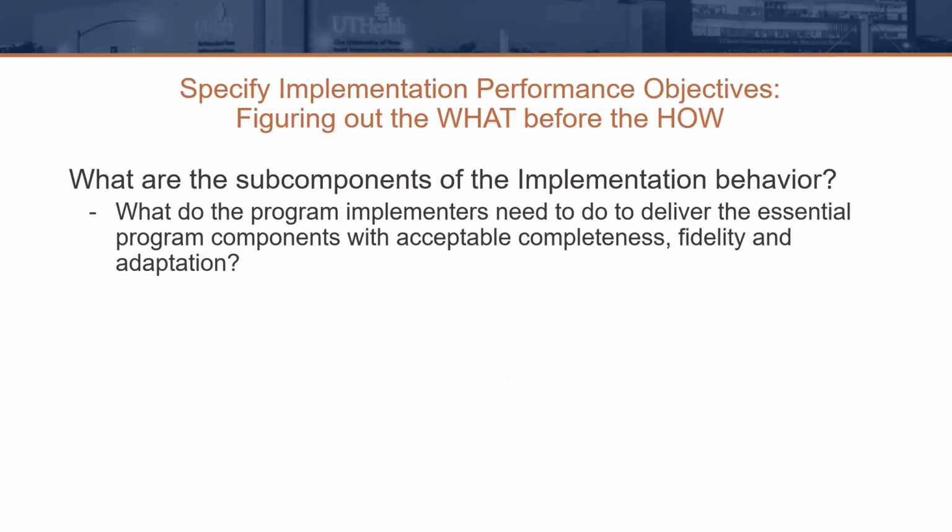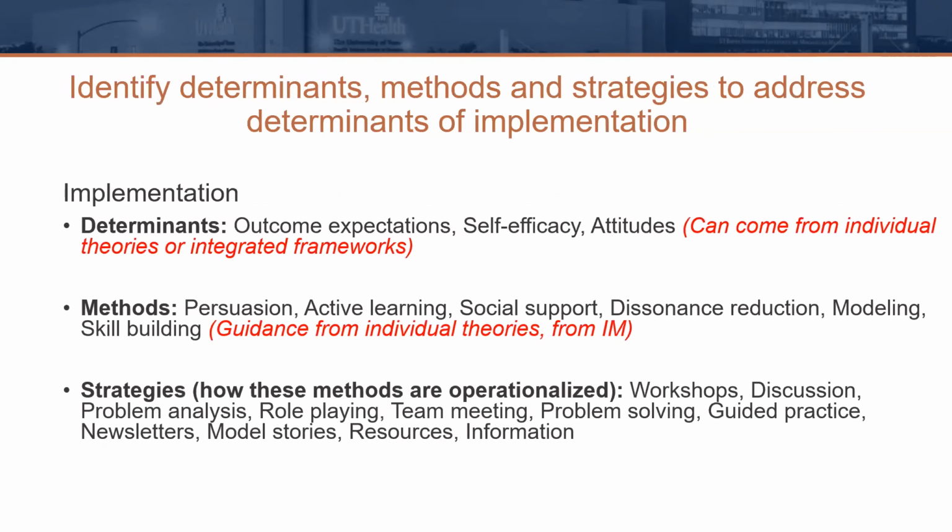In the field of implementation science, there's been a lot of use of implementation strategies really without a very clear understanding of what implementation actually looks like. And this is something that if you're using implementation mapping, it actually forces you to think about very carefully. And we call those performance objectives.